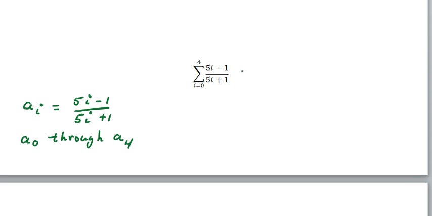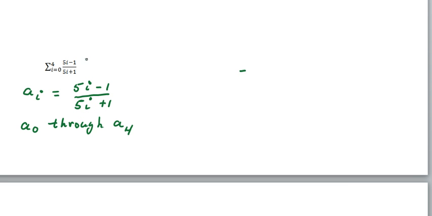And so in this case, when i equals 0, we'll have negative 1 over 1.